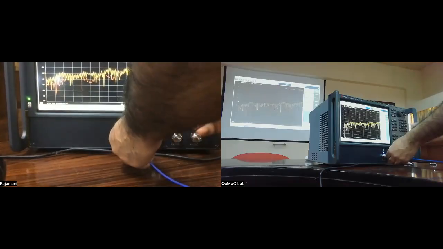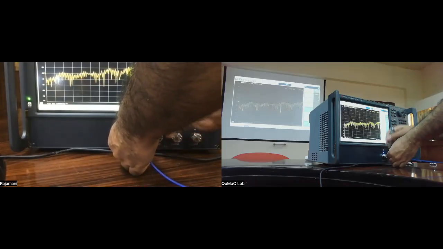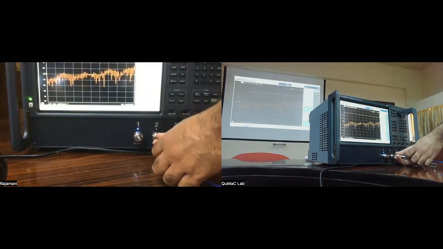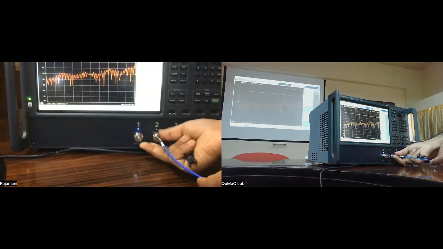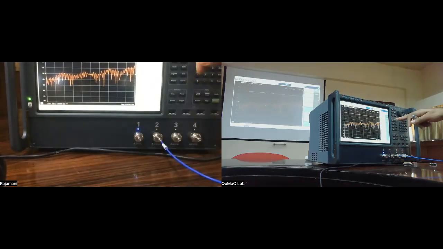Just to verify this, I'm going to connect this to the other port as well. Move this to memory. So the S22 looks fine.